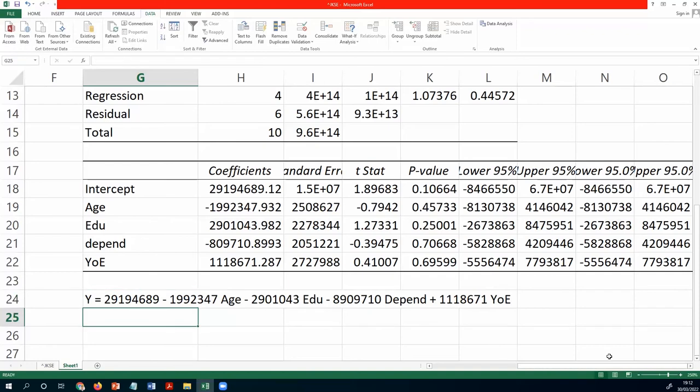So this is when you have the data like this.